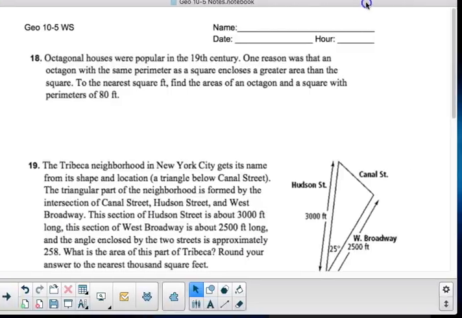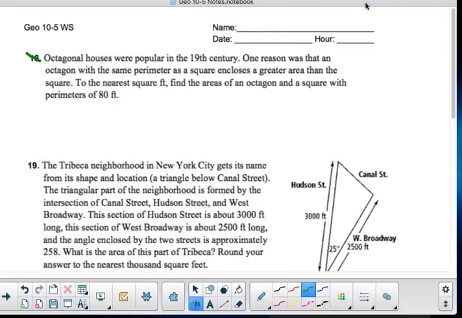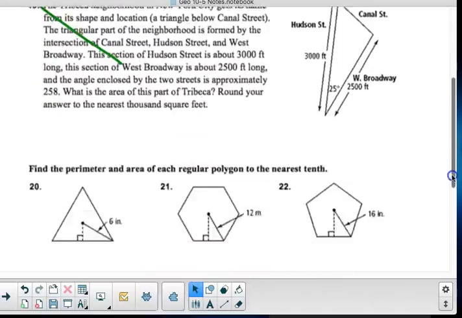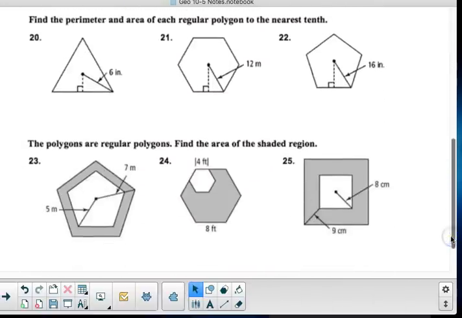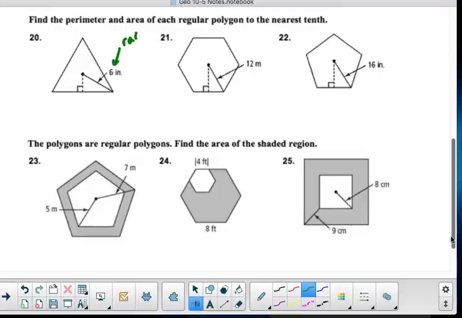Now, for this, I'm not going to worry about 18, don't want you to do it. I'm not going to worry about 19, don't want you to do it. I'm worried about 20 through 25. So, these last ones, look, radius, radius, radius.